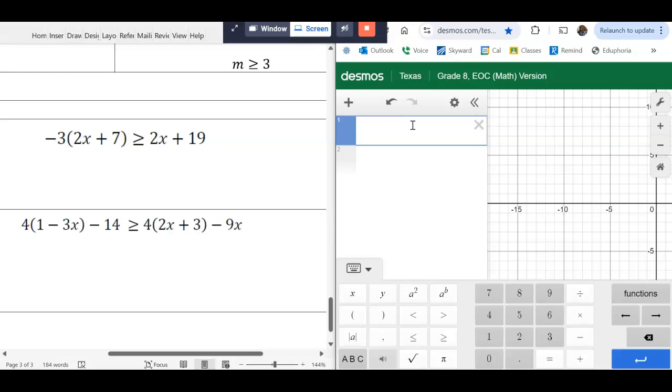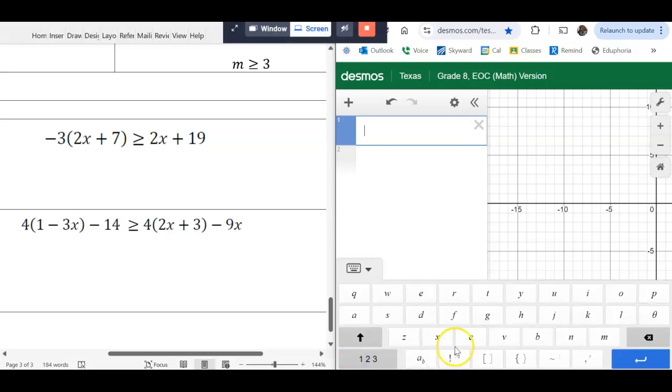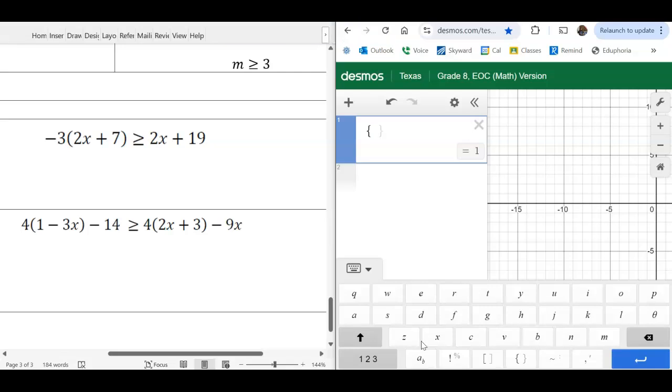Oh, by the way, before we start typing it in, it has to be inside of brackets. So either you can click ABC to get the brackets down here at the bottom, or you can press the key next to P on your keyboard with Shift. But brackets, -3, parentheses, 2x plus 7, parentheses.